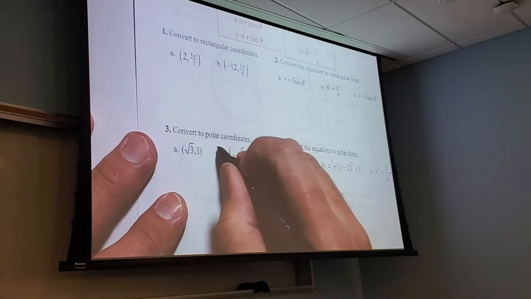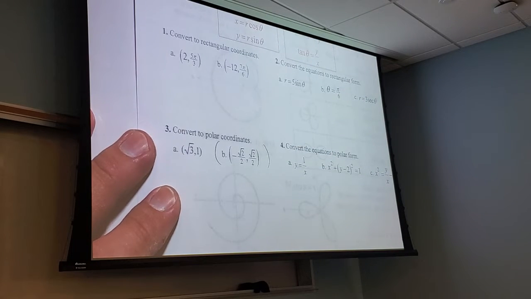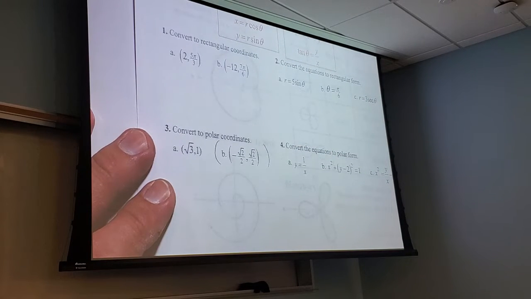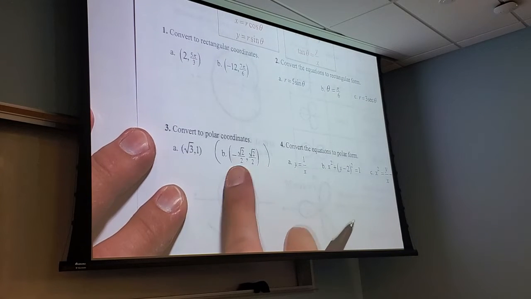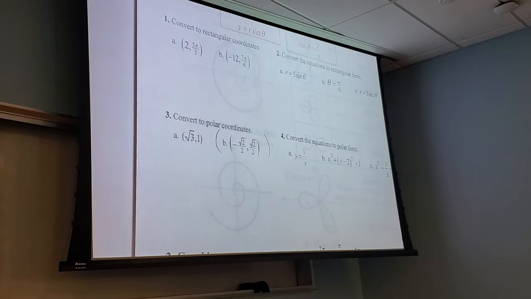If I have this problem right now, do I know what R is at the moment? What's the only thing I know given this point? What system is this point in? X and Y. Good, rectangular, but XY. So the only thing I know is X and Y. It's all I know.